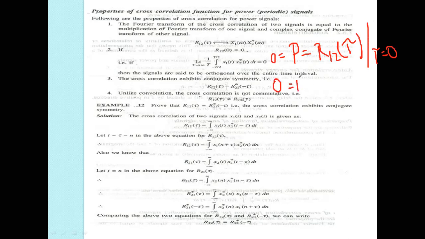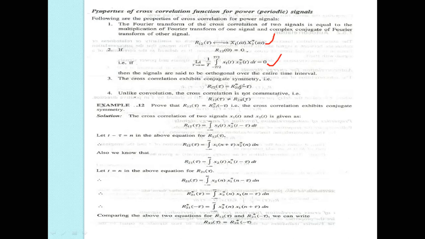Otherwise, in the energy signal, energy is equal to R12 of tau at tau is equal to 0. In the cross correlation of energy signals and the cross correlation of power signals, the two properties are similar for power and energy. And the third property is also similar, see, the cross correlation exhibits conjugate symmetry. R12 of tau is equal to R21 star of minus tau.